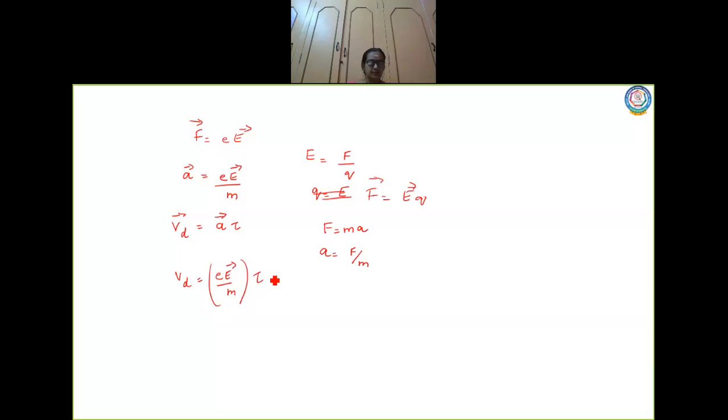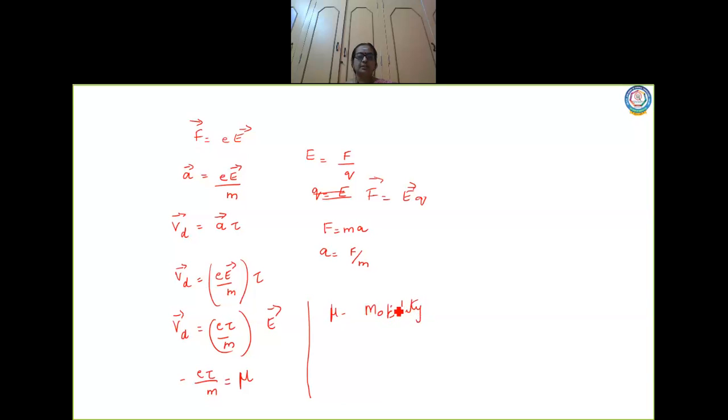Is it clear? Here it is again a vector, so I will write Vd as E tau by m into E vector. Now this E tau by m is given as mu, which you call mobility. I am going to replace it by a constant, because all these are constants.